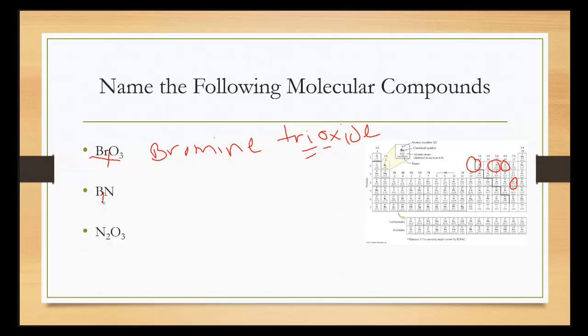So boron, mono for 1 for the nitrogen, nitr, the first syllable for the nitrogen, ending in ide. So mononitride.